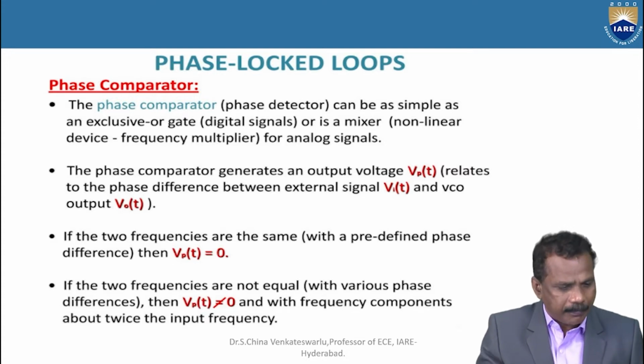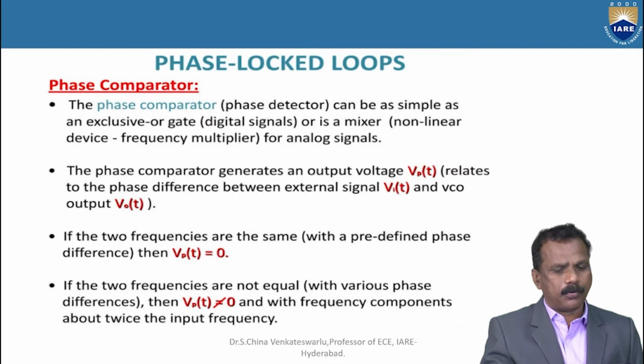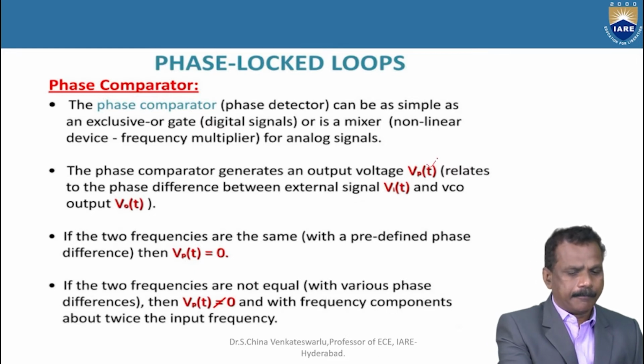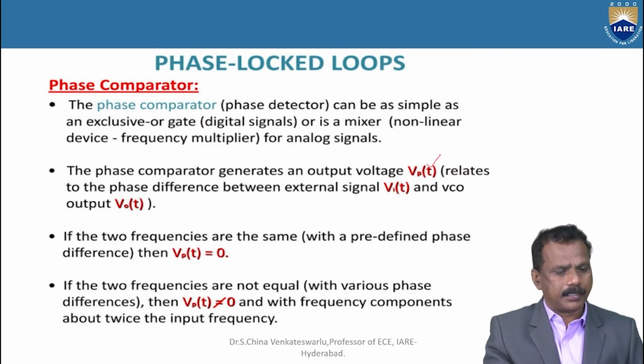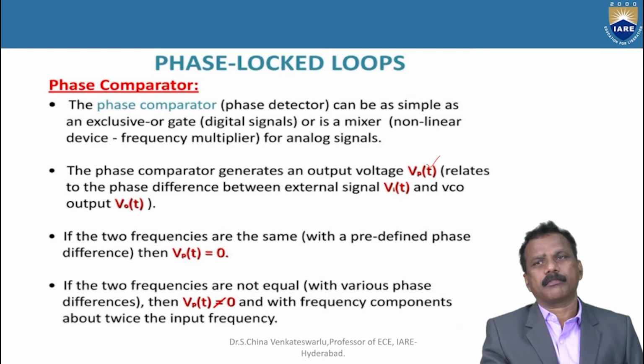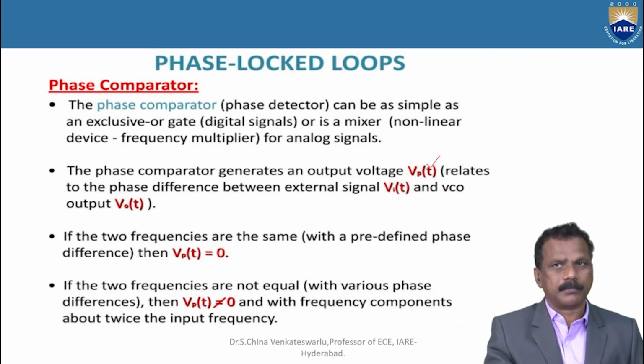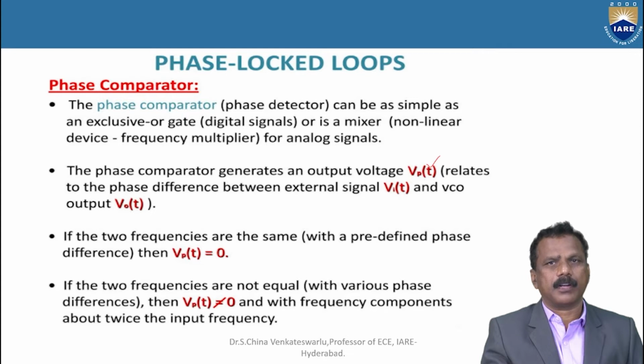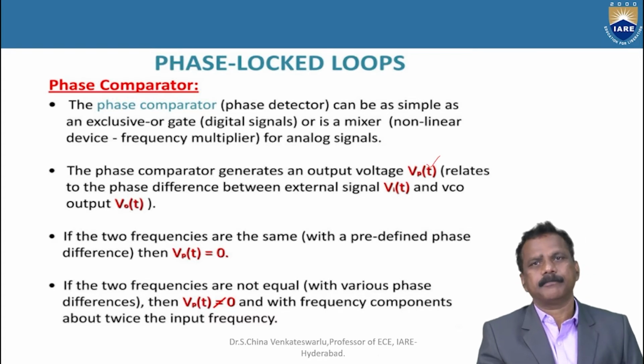The phase comparator generates an output voltage VP of t that relates to the phase difference between the external signal V1 of t and the VCO output V0 of t. From this block diagram, you can observe the external signal V1 of t and V0 of t. If the two frequencies are the same with a predefined phase difference, then V0 of t is equal to 0.